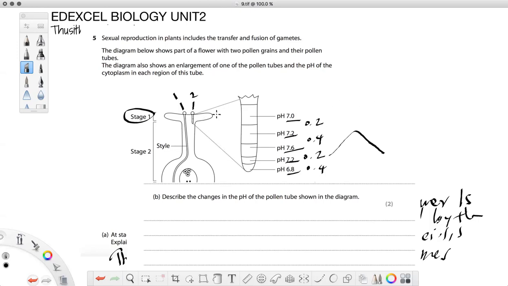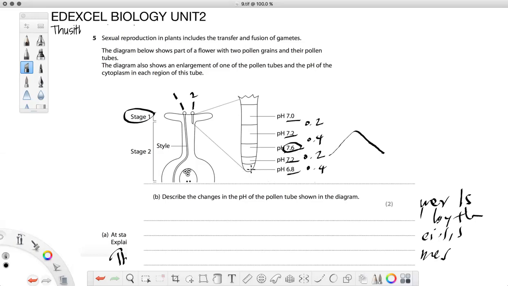So we can say when the pollen tube is growing, the cytoplasm which is close to the pollen grain has pH 7, and then the pH increases to a maximum of 7.6, and after that the pollen tube pH decreases to 6.8.